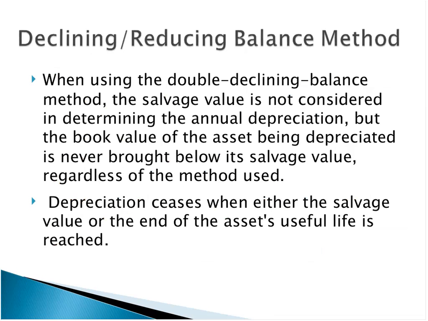The salvage value in this method is not considered when determining how much scrap or salvage value any asset would have. But the book value of the assets is depreciated, and it's never brought below its salvage value.